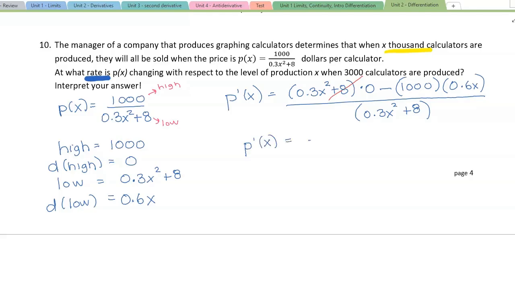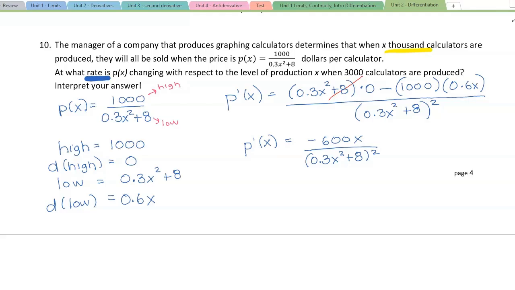So I'm left with negative 1,000 times 0.6. That gets me negative 600x. Oh, I forgot to put the squared up here. The denominator should be low squared. Okay, now the denominator is going to stay as 0.3x squared plus 8, squared. I often get asked if we should FOIL out the bottom, and I usually just leave it. Most of the time that'll work just fine.